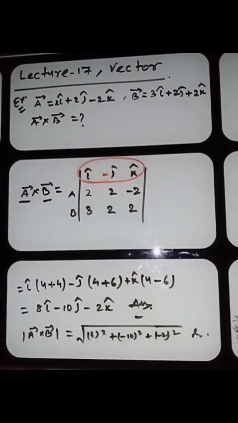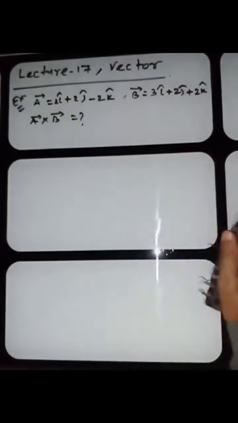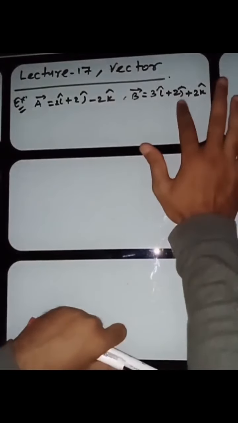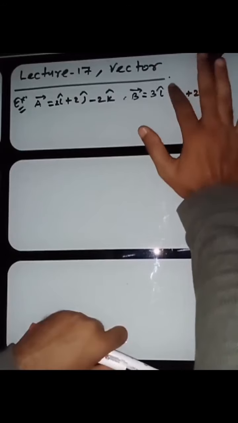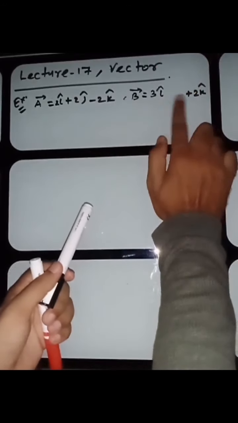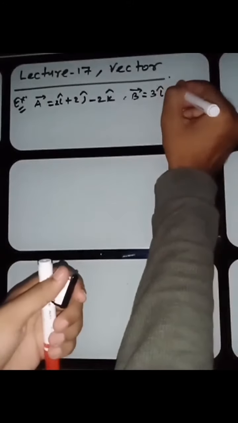Let me write another example. Suppose a student asks, sir, what will happen if in vectors A and B any direction is not given? For example, I am just erasing this one. This vector is 3i plus 2k.